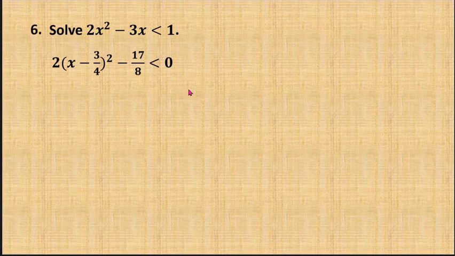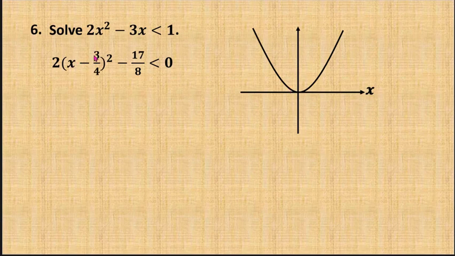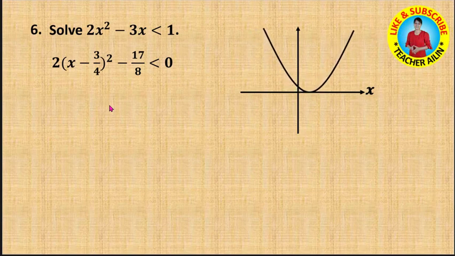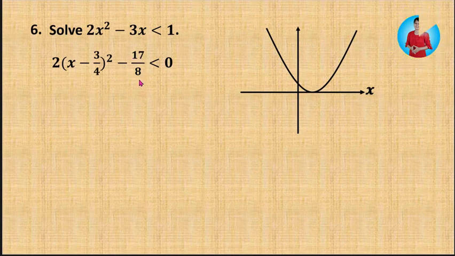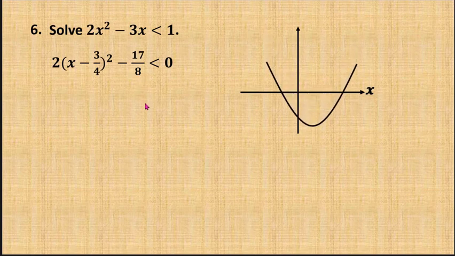Then the turning point is at the origin. X minus 3 over 4 means shift the graph to the right for 3 over 4 units. Then minus 17 over 8 means shift the graph downwards for 17 over 8.